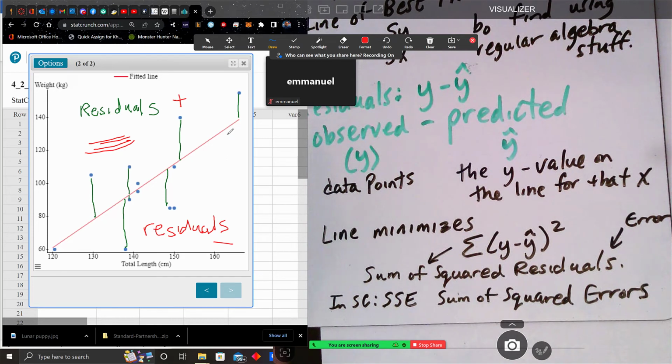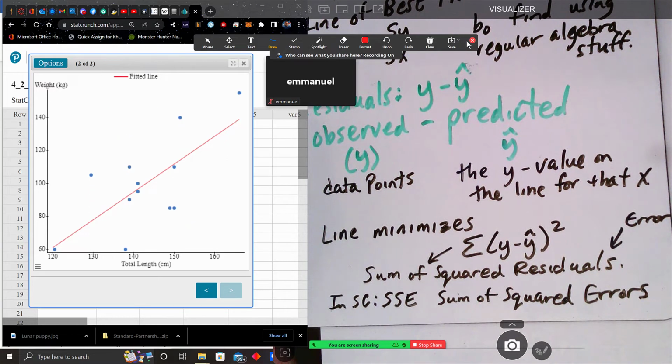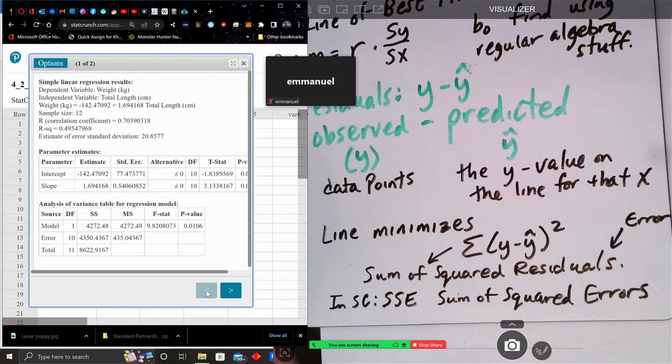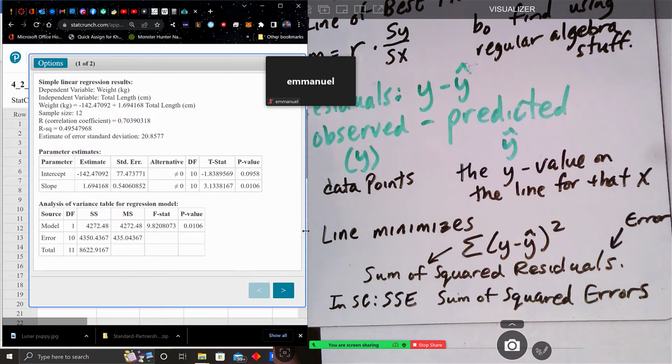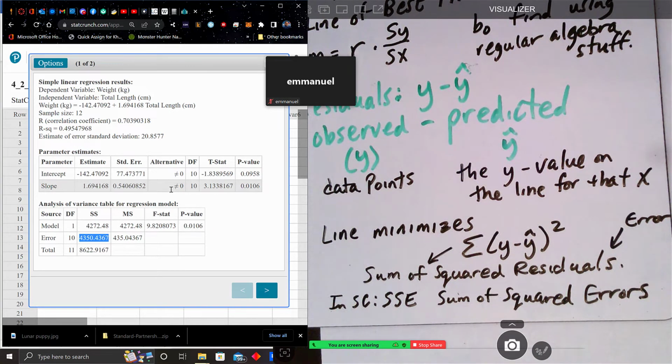And I believe it's on the screen right before this. I think it's this SS with the error. Sum of squared errors. Not really all that exciting for you.